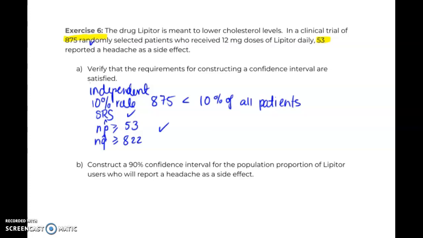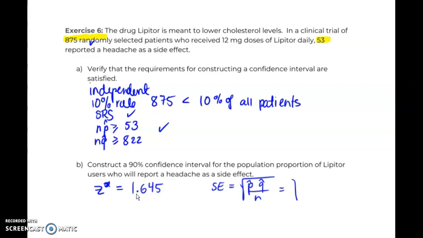Now we're going to construct a 90% confidence interval, and we already calculated our critical value z star, which was 1.645. We can calculate our standard error, which is the square root of p hat times q hat over n.